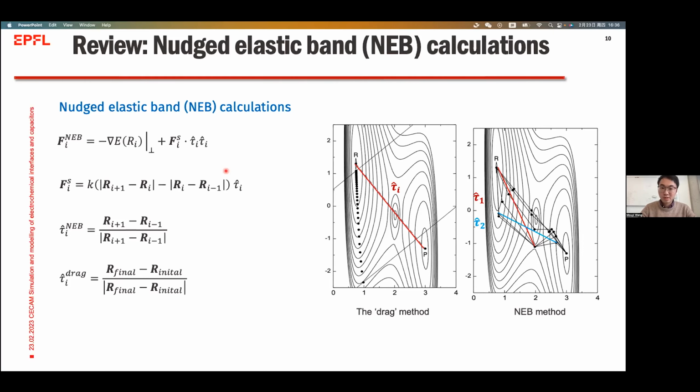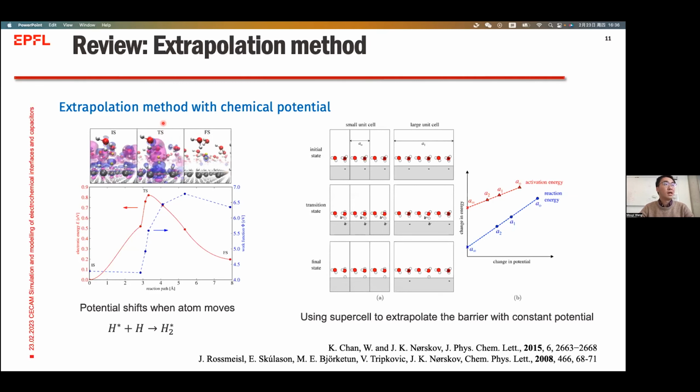There is also a well-known way to calculate the barrier at constant electrochemical potential, which is called the extrapolation method.